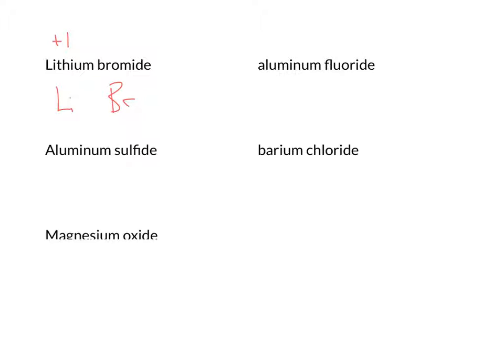Bromine has a charge of -1 because it's in column 7A. The next thing you can do is crisscross those charges, and they will become the respective subscripts. So we have lithium 1, bromine 1. We don't typically write out the ones, so we would just rewrite this as LiBr for lithium bromide.